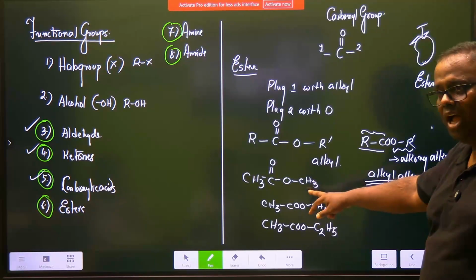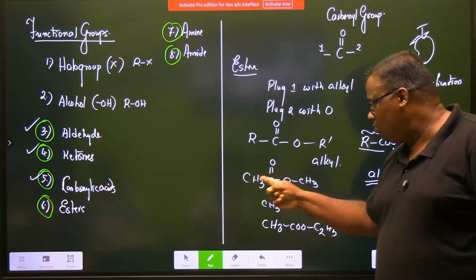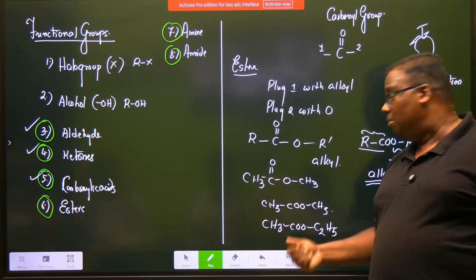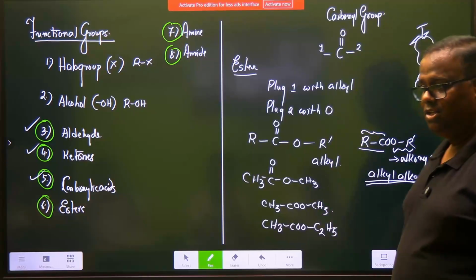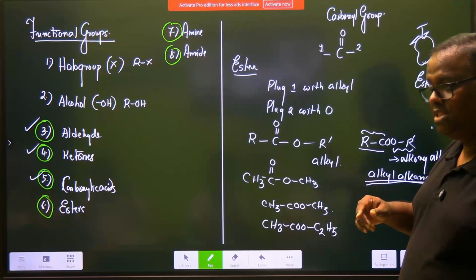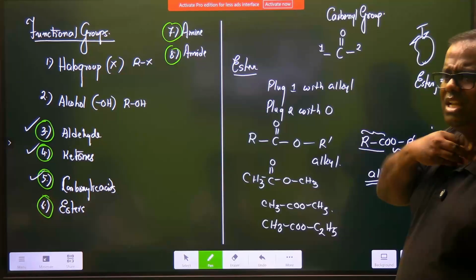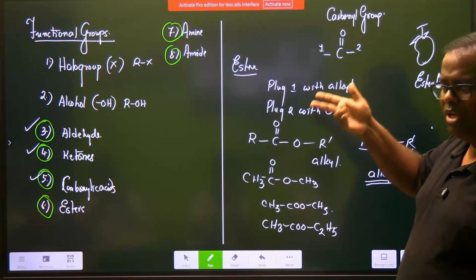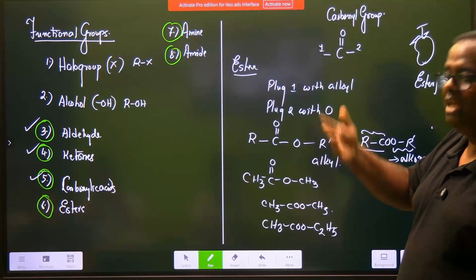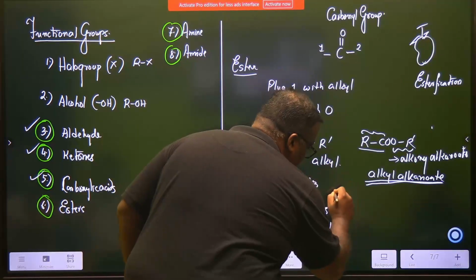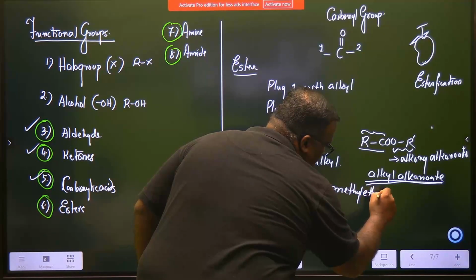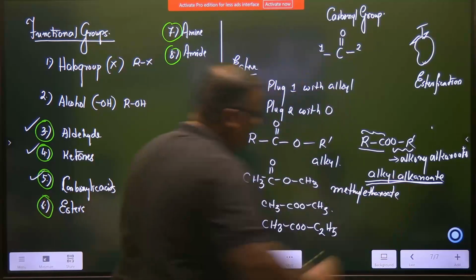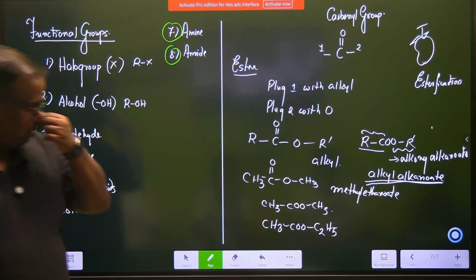So this is methyl. And who is attached with the carbon? Another methyl. But that methyl with the carbon is actually 2 carbons. So alkanoate means ethanoate. Alkanoate is alkyl and oate. So the name of this will be methyl ethanoate.